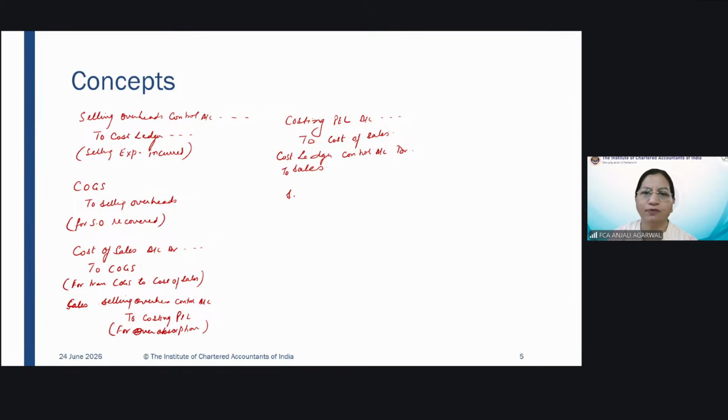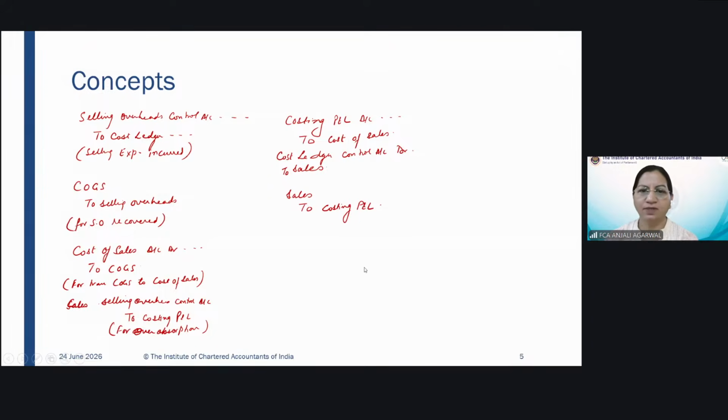And this sales will move to costing P&L account. So costing P&L is debited with all the expenses and credited with sales. So when you will prepare the costing P&L account, you will get the net profit here, which will again move to cost ledger control account. Okay, so this is how the scheme of entries will move.